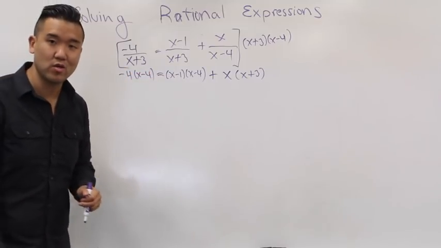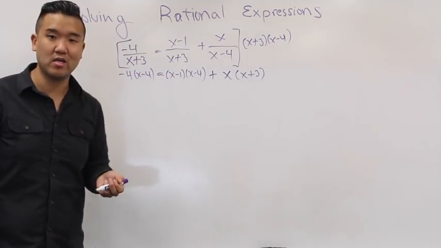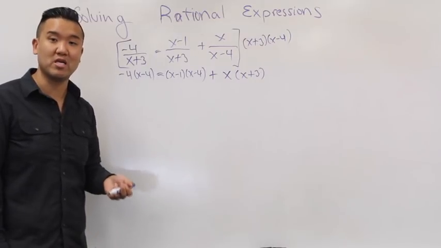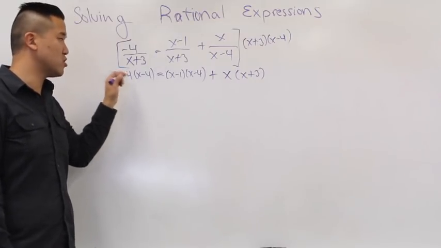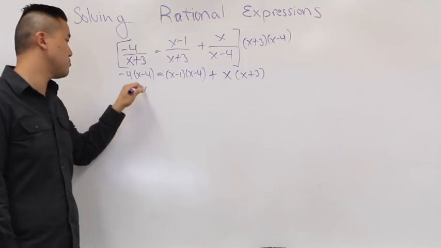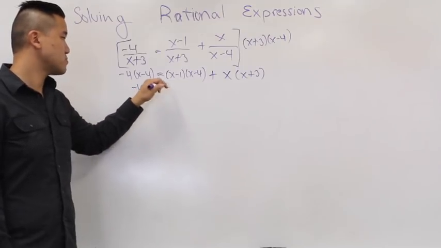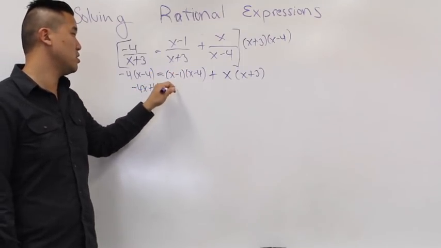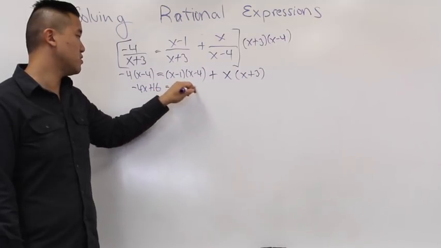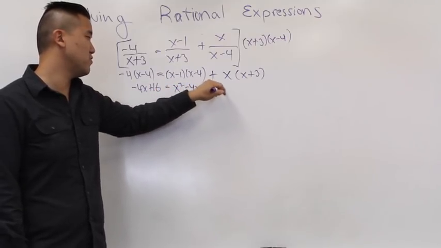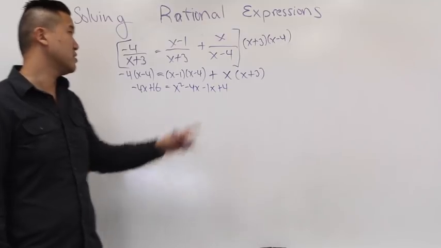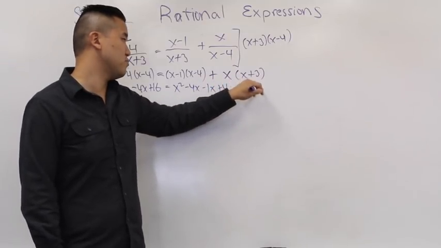Lots of foiling to do. Take it slowly. It's better to do it the first time correctly than making mistakes. So let's do all the distribution right now. So negative 4x plus 16 equals, FOIL here, x squared minus 4x minus 1x plus 4. And then distribute here, you have plus x squared plus 3x.